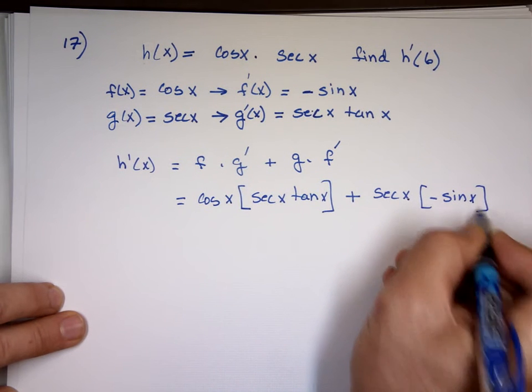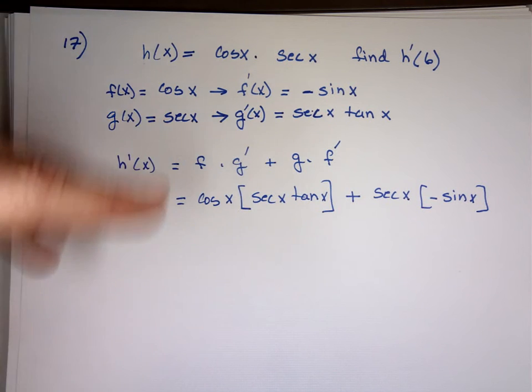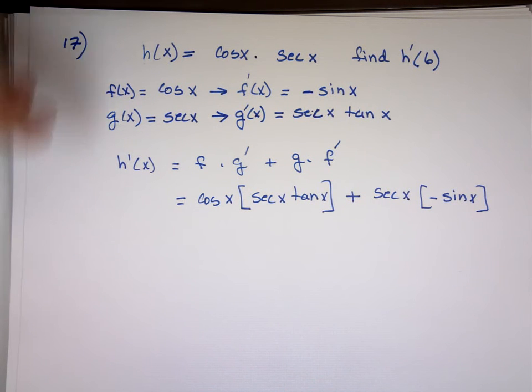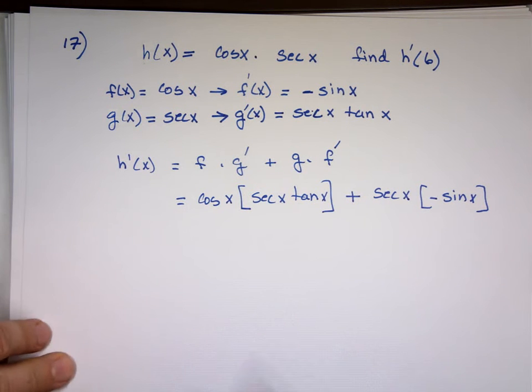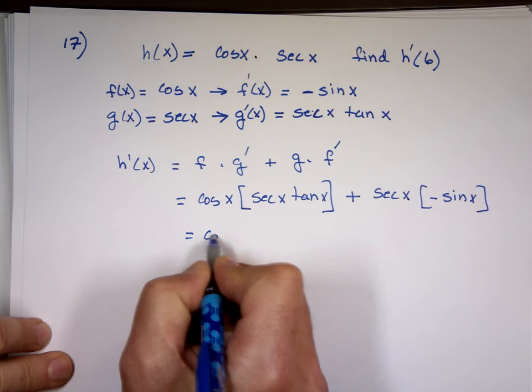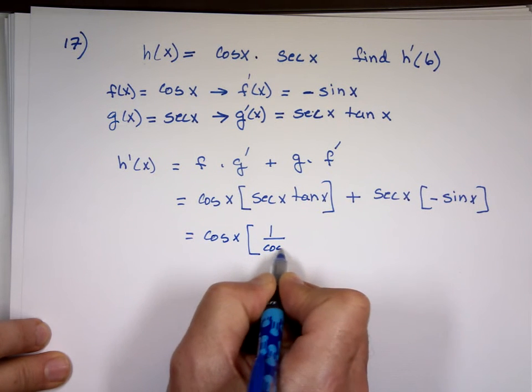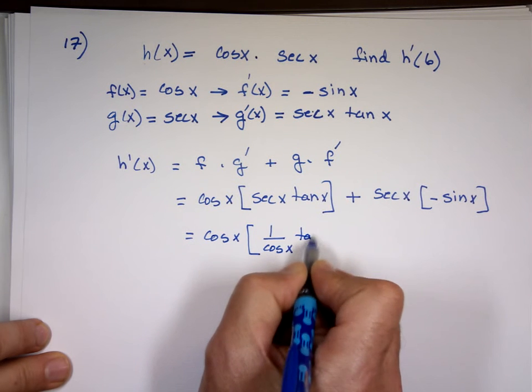Now you know your calculator doesn't have a secant on it. So if we take the secant, replace it by its value, secant is what? Isn't that 1 over cosine? And if I simplify the first part, what will happen to the cosine?